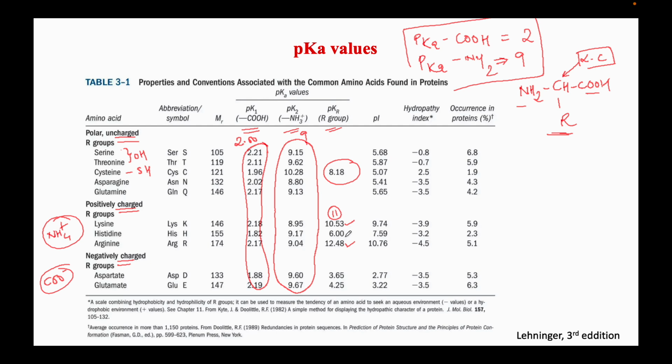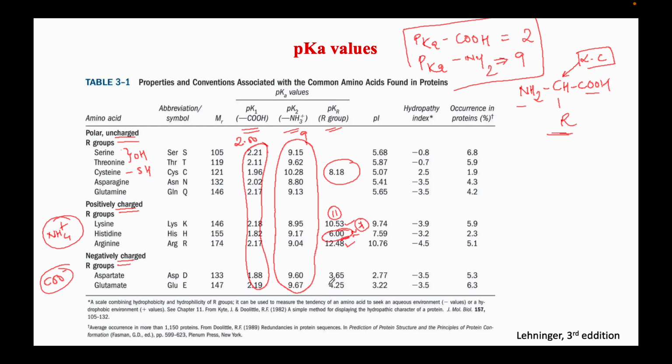And histidine is very easy to remember. I have mentioned this earlier also, that histidine is a very important amino acid. It has a pK around 6. Why? This amino acid is mainly involved in a lot of enzymes.